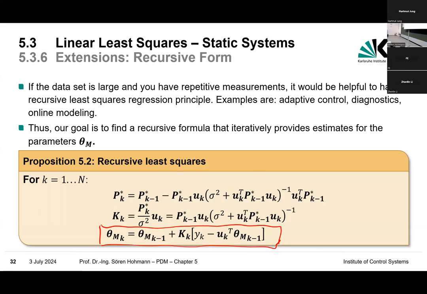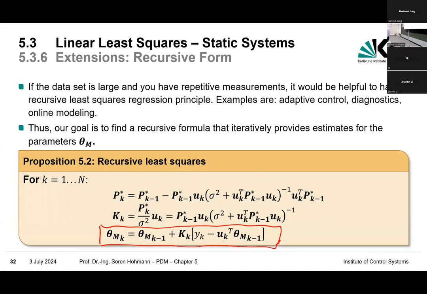Therefore, if I have to implement that as Python code for an adaptive strategy, I would not just use the least squares estimates we mentioned before in the slides, but use this, because it's computationally more efficient. Bear that in mind. That's the second reason for using that.